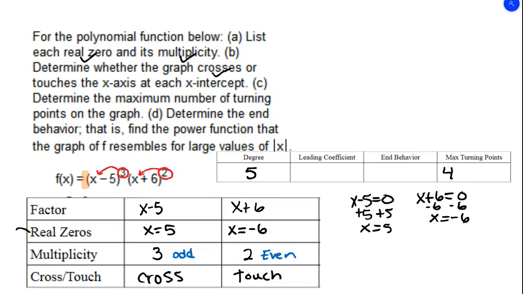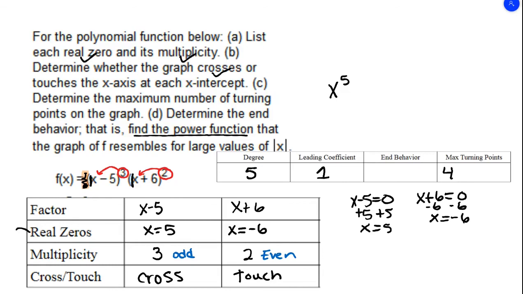And the leading coefficient will be a 1 in this example. We have a 1 as the coefficient on x, and on x here, and there's no coefficient out here, so 1 times 1 will give us a leading coefficient of 1. So that's going to help us determine the end behavior, or the power function. So the power function will be x to the 5th power.